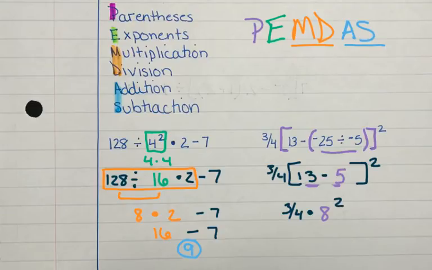And then I still have this squared here. Okay, so now I've completed all of the parentheses, so I need to complete the exponents right here. So 8 squared means 8 times 8. Well, 8 times 8 is 64. And then I have to multiply that by 3/4.